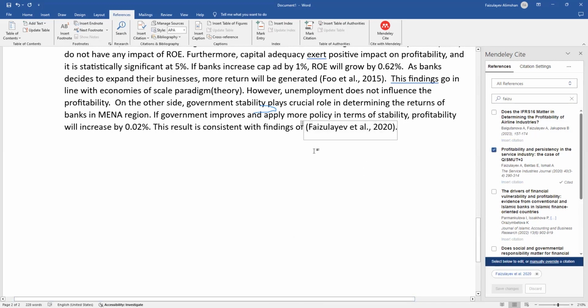Yeah, just example. I use this profitability like political stability, government stability. That's why I mentioned mine. Okay. And we can see here. And whenever you just compare with the author, you have to cite it in this way.